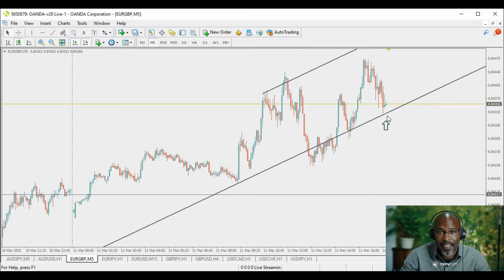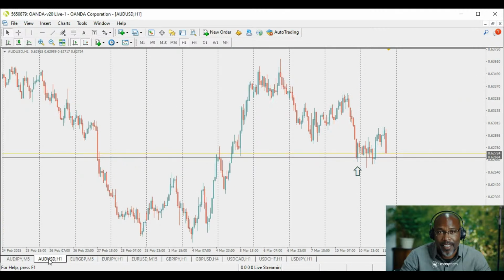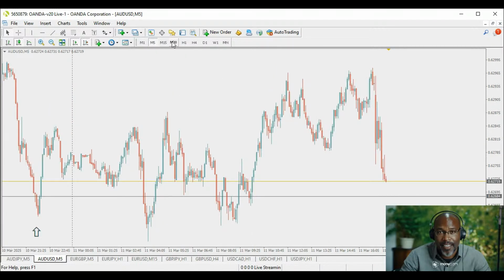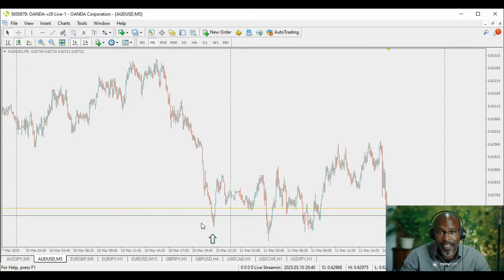Now I'm going to the euro dollar British pound. I'm already there. That was the wrong chart. So let me go back to the Aussie dollar, US dollar, where I thought I was.